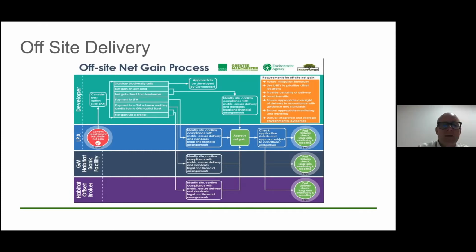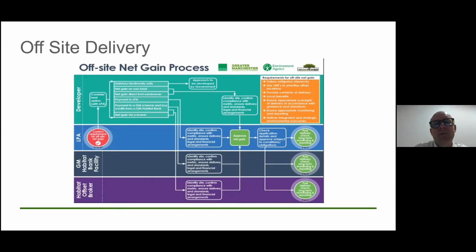Whether a developer provides a net gain on their own land, or buys a net gain from another landowner, or pays money to the local authority to find a site for them, or pays into a wider habitat banking scheme, or buys it from a broker, or buys it from a national pot of statutory biodiversity credits.